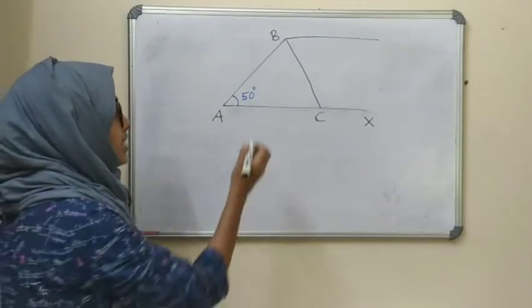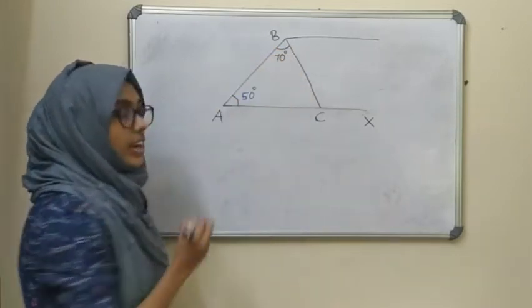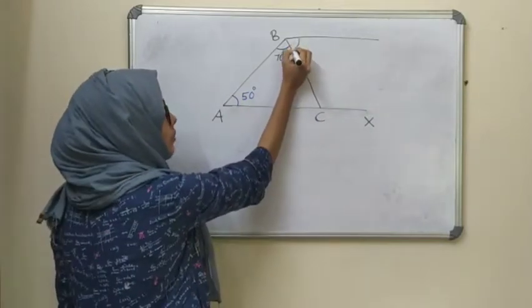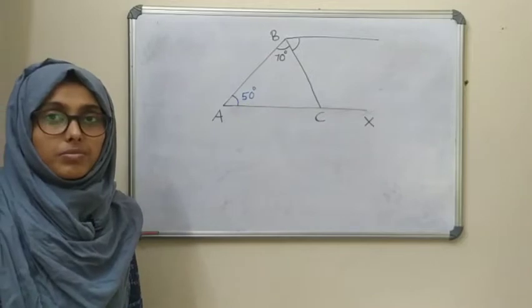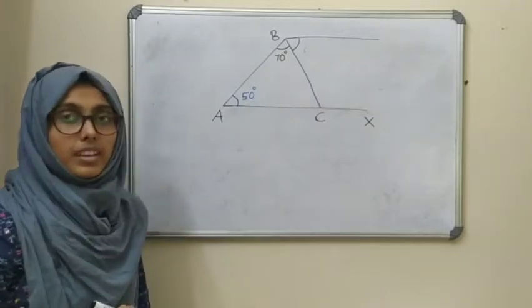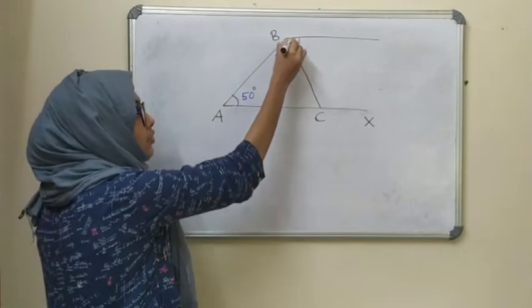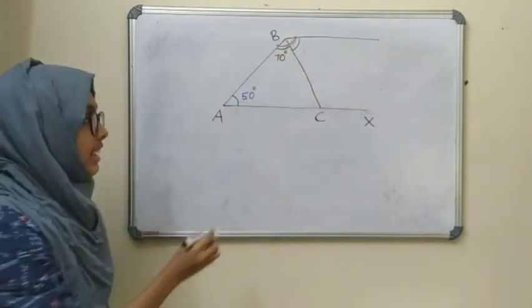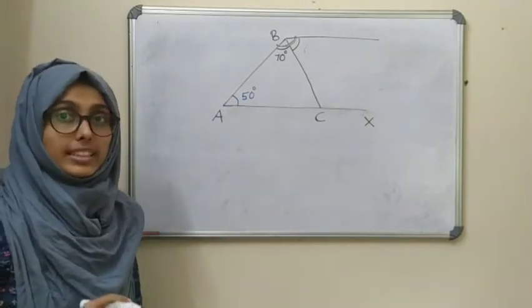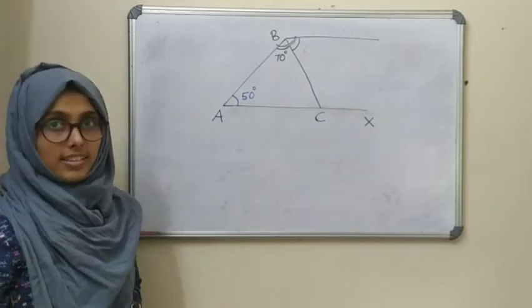Now suppose this angle is 70 degrees. How much will this angle be? You can think and say. You know that this is 50 degrees, and when you add this full angle at B and this angle at A, you will be getting 180 degrees, because those angles are co-interior angles, isn't it?